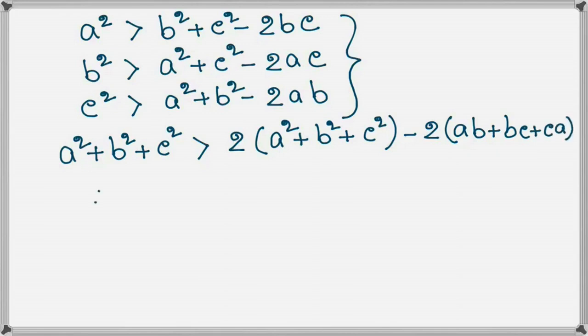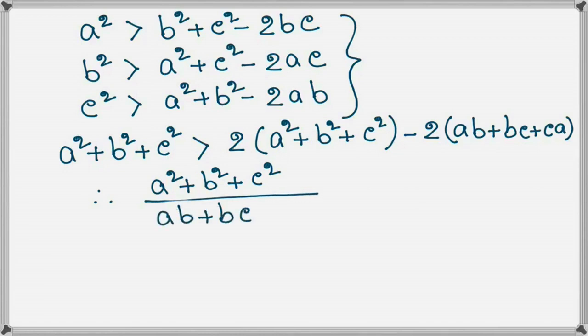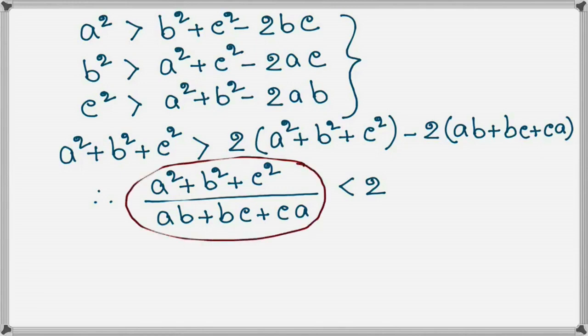So therefore we have (a square plus b square plus c square) divided by (ab plus bc plus ca) is strictly less than 2. Now recall that we already had that (a square plus b square plus c square) divided by (ab plus bc plus ca) is bigger than or equal to 3 lambda minus 2.